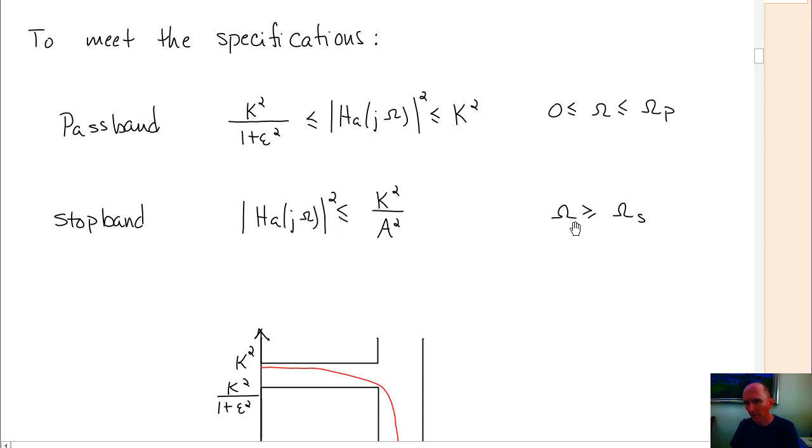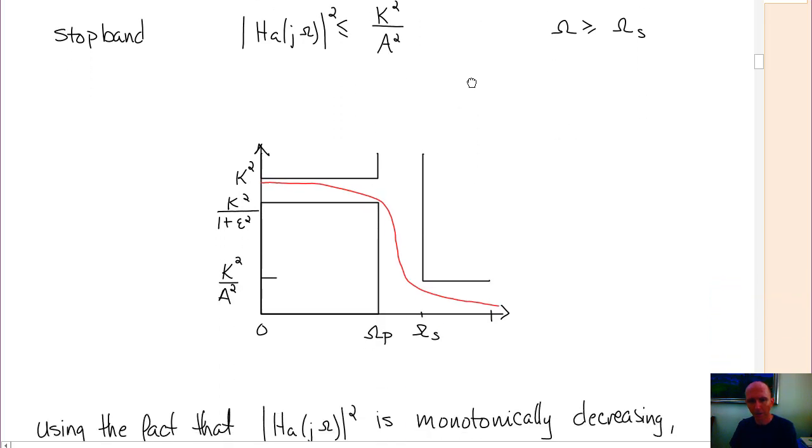In the stop band, for omega greater than omega s, the magnitude squared has to be less than k squared over a squared. And here we're using the magnitude squared for the specifications and the magnitude of the transfer function. In other words, this is what it has to look like.